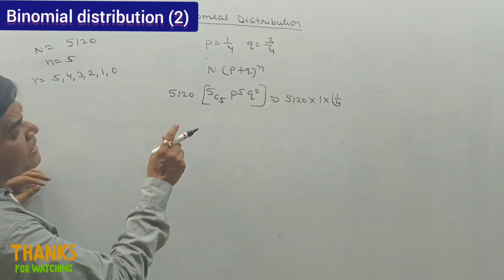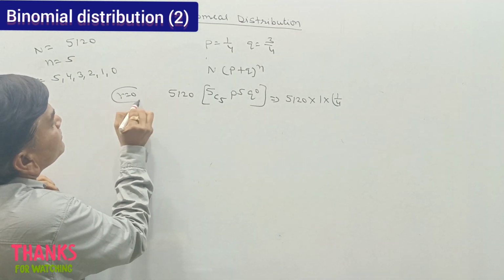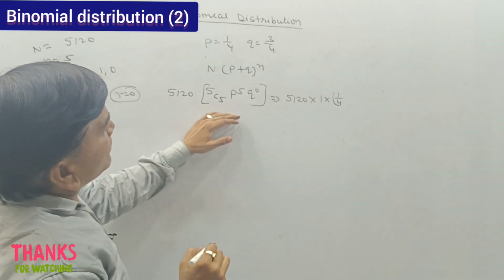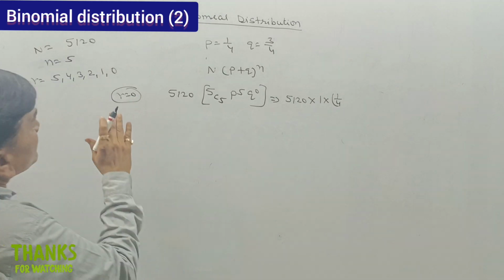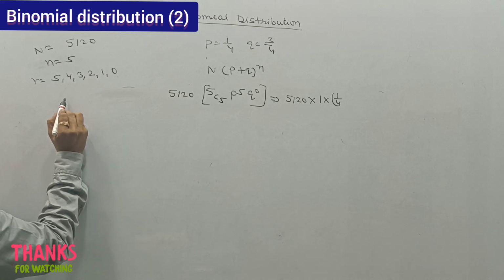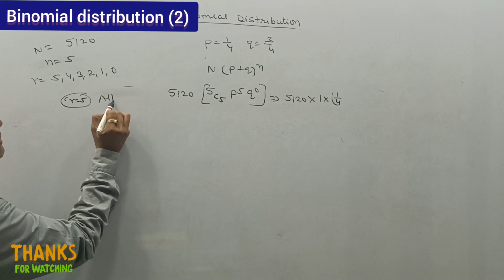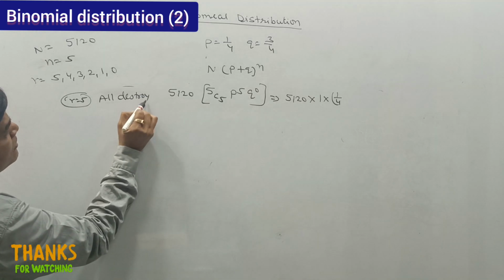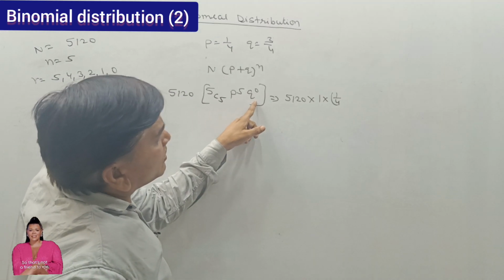So this is 0 cultivated, r is equal to 0. Cultivated is 0, so all will be destroyed. Here, r is equal to 5 means all destroyed. All 5 of 5 are destroyed, no one is cultivating.